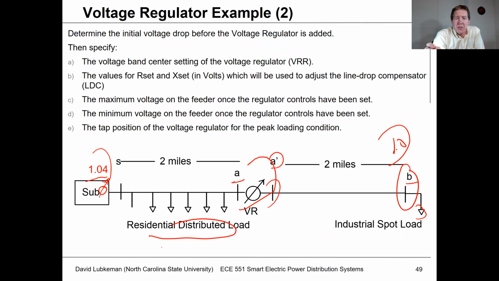Then we'll figure out the voltage band center setting, R set and X set for the line drop compensation. We're going to check the maximum and minimum voltage, and figure out the tap position at peak.